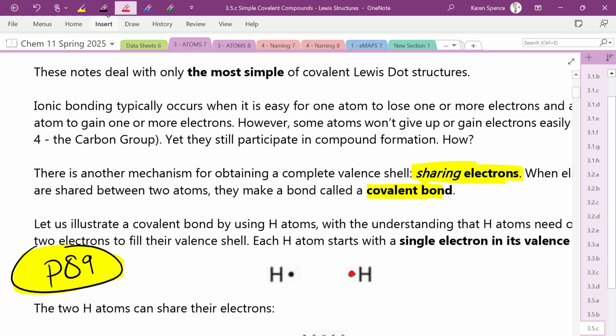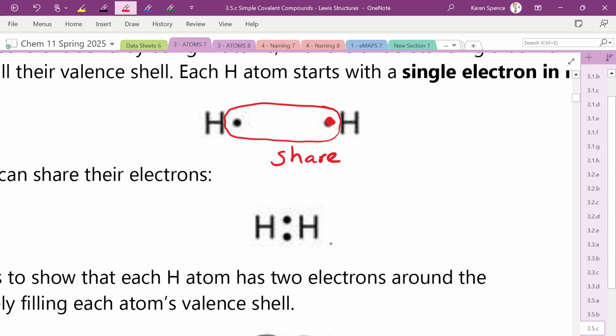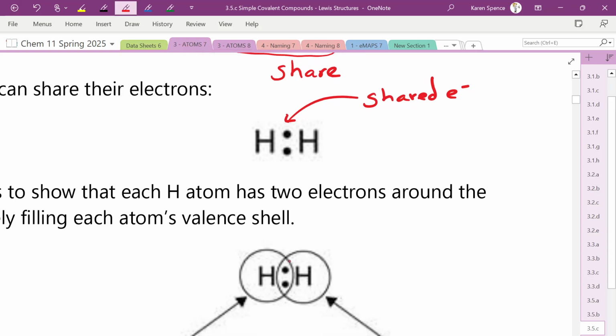They could share. And what does that look like? It looks like this. Okay, so when you have the two electrons right in between with them very close together, those are shared electrons. If I was to look at this hydrogen on the left, it has 2 electrons.